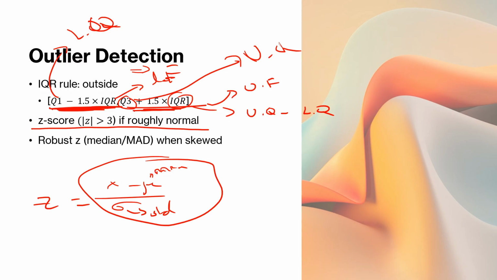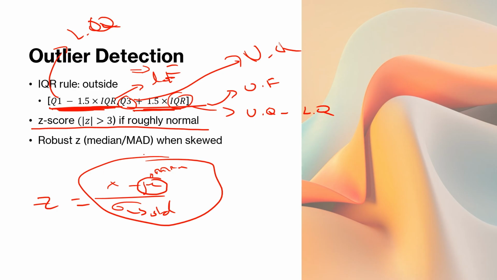But the problem that arises is that when you are using the z-score method, you will see that it is based on the mean. And you would recall I just mentioned earlier that an outlier already affects the mean. So you are using a method that uses the mean to detect an outlier, which is affected by the mean. So this is okay as long as the data is roughly normal.